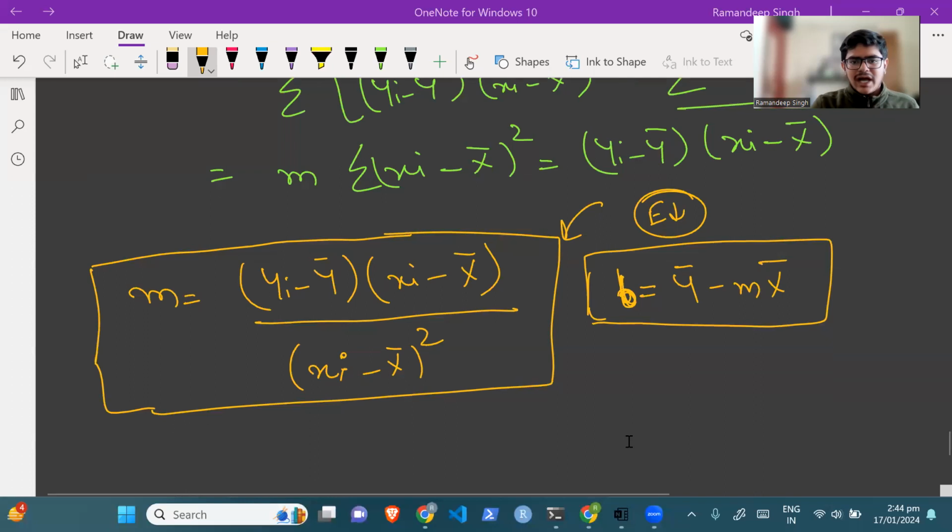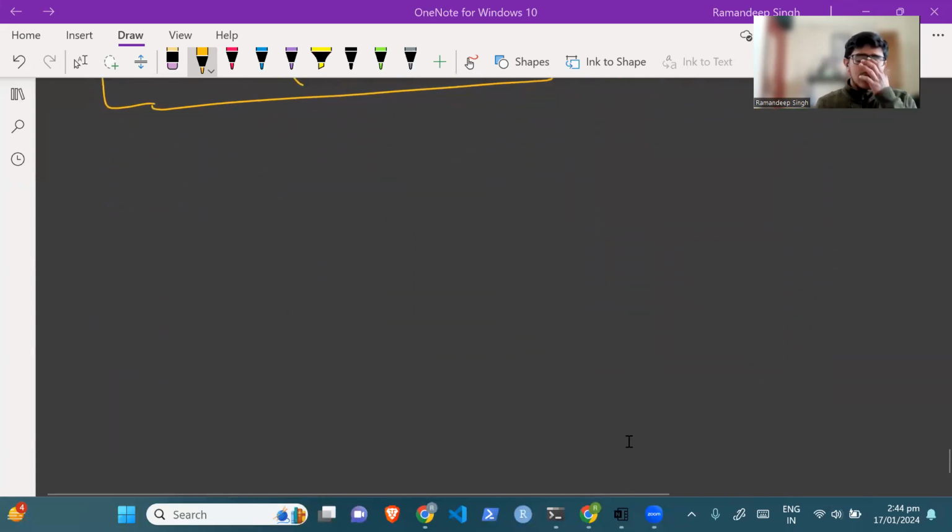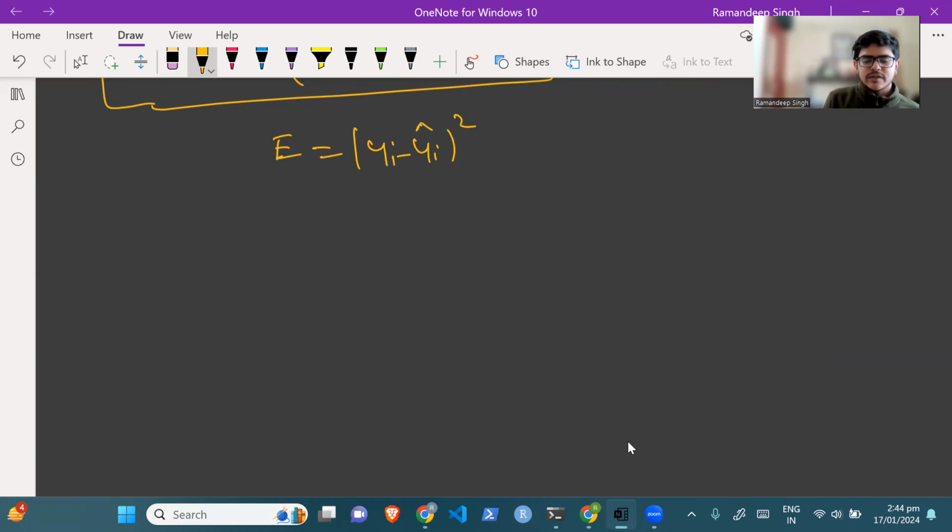Now I want to give you the intuition of how my error function is looking. What is its graphical representation? Error equals yi minus yi hat whole square.